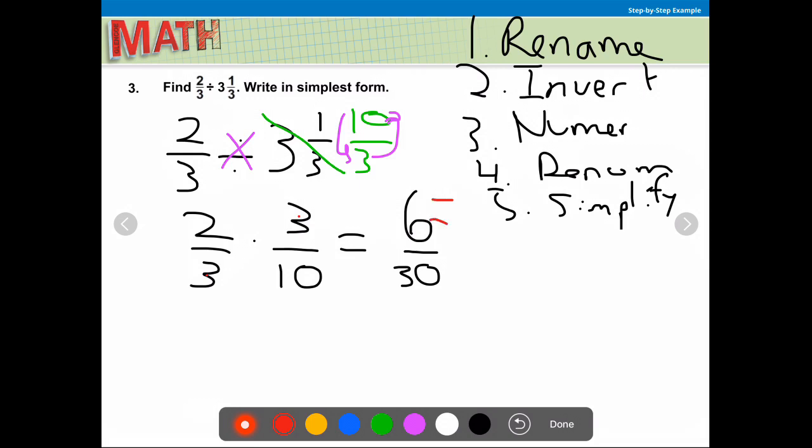So this is 3 times 2, and this is 3 times 2 times 5. So I can get rid of this 3 and this 3, and I can get rid of this 2 and this 2. And what I'm left with is 1 over 5. So my answer is 1/5. How many 3 1/3 are in 2/3? There's 1/5 of a 3 1/3.